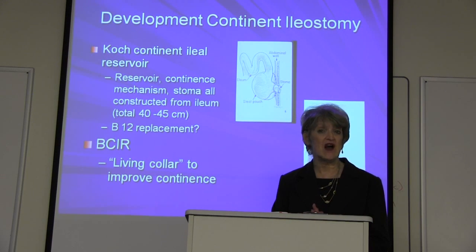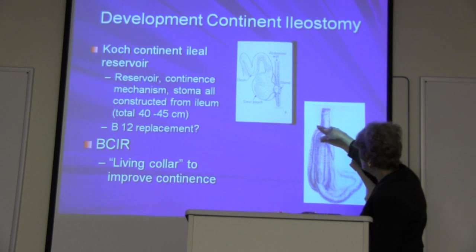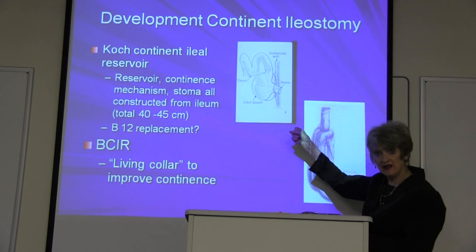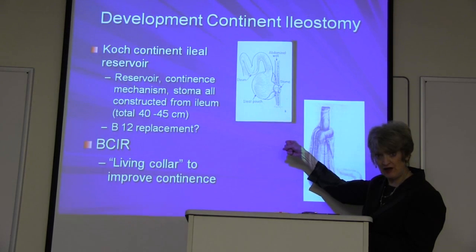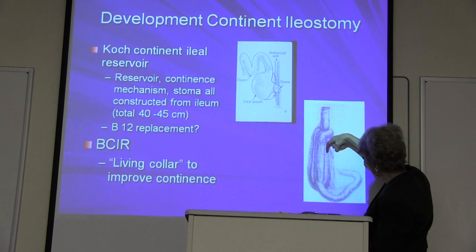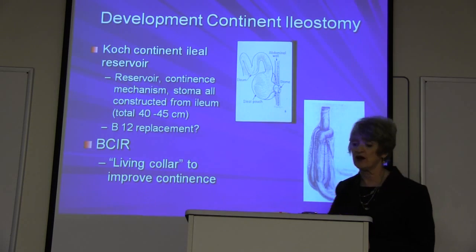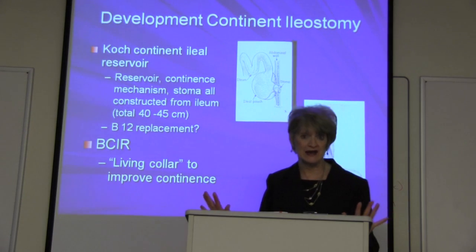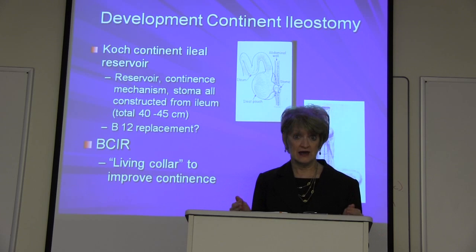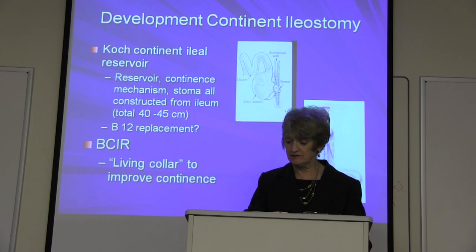Basically, as the reservoir fills, this little loop of bowel fills, and it gives extra compression and extra support to the continence mechanism. Then when you pass the catheter and drain the reservoir, that little segment drains as well. Don't worry about any of the details. Get the big concept: formation of an internal reservoir, abdominal stoma, continence mechanism in between.